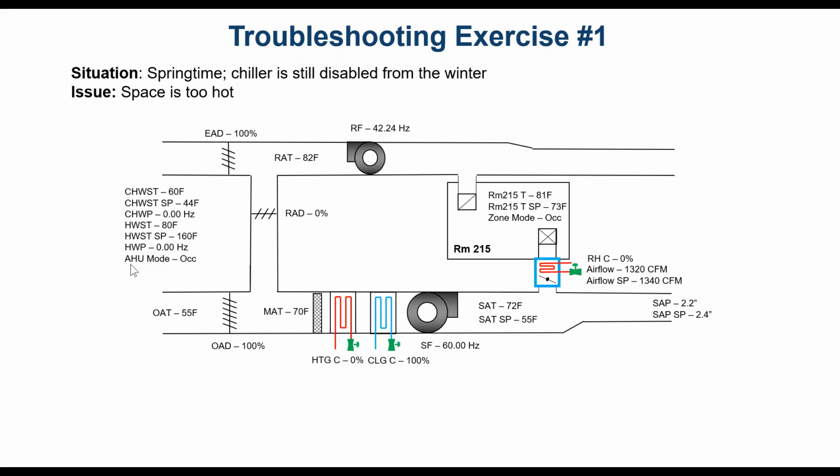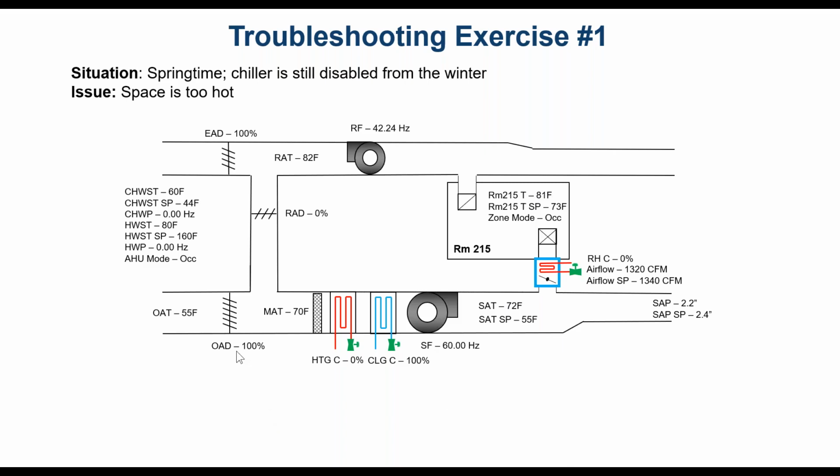It's operating in occupied mode right now. You also have different temperatures in the system. So the return air temperature, which looks like they must have a sensor on the downstream side of the return fan, is measuring 82 degrees right now. You'll have your outdoor air temperature, mixed air temperature, supply air temperature, room air temperature.